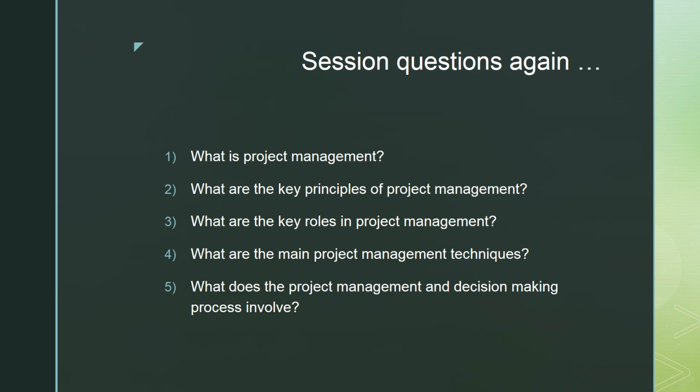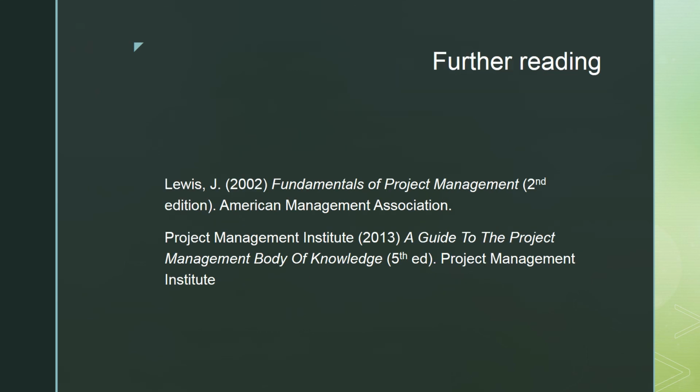I also have a reading list, just 2 texts I think you will find useful. The first one was published by Louis J. in 2002, second edition. If you find a later edition, it's fine. You can also read it. But this particular one is quite interesting, called Fundamentals of Project Management. These are basics of project management.